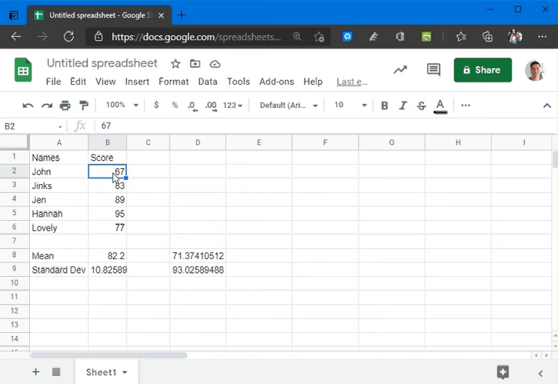So we have here a below normal score, 67, because it is outside this range, and here we have above normal, 95, because it is outside the range, and we have normal scores here: 83, 89, and 77 are within that range.